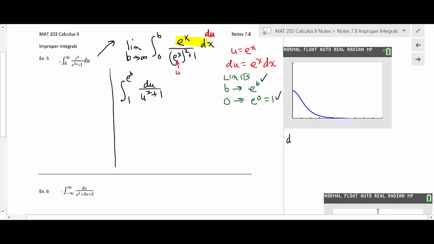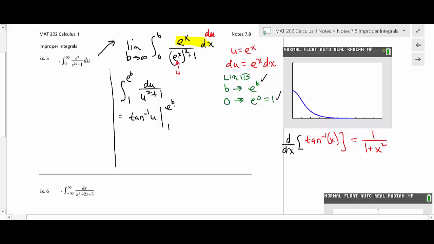Even back in Calc 1, you learned that the derivative of an arctangent, or an inverse tangent, depending on how you want to write that, is 1 over 1 plus x squared. So that means that integral is just an arctangent. I'm going to write that as inverse tangent of u, then evaluate that from 1 to e to the b.